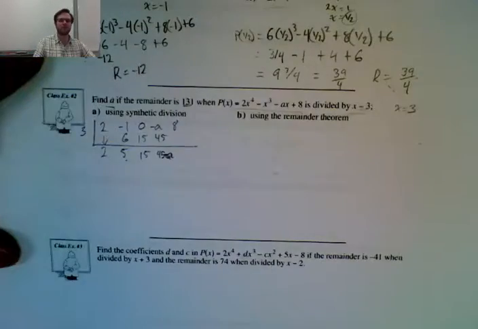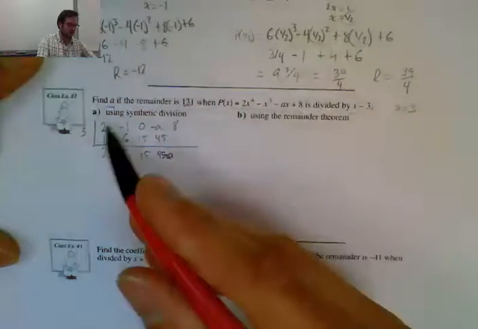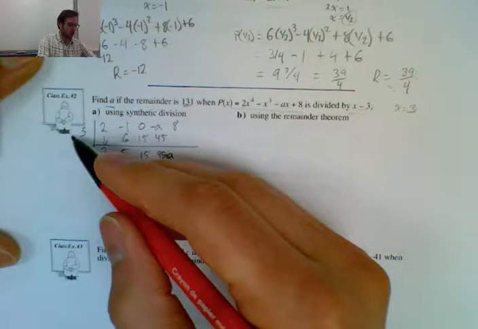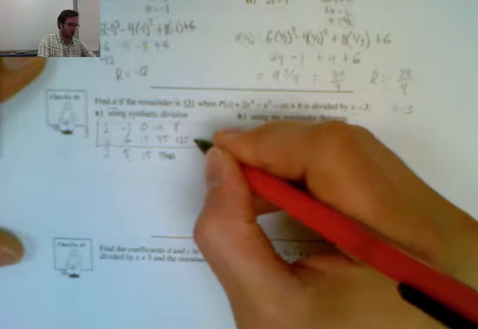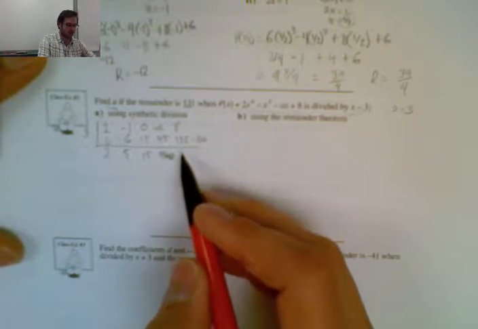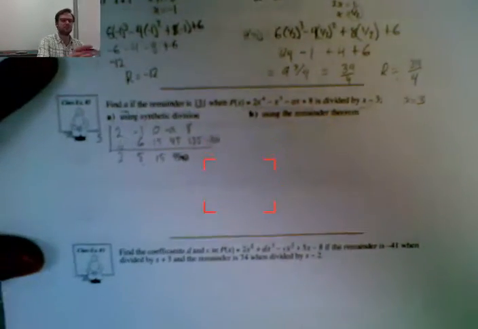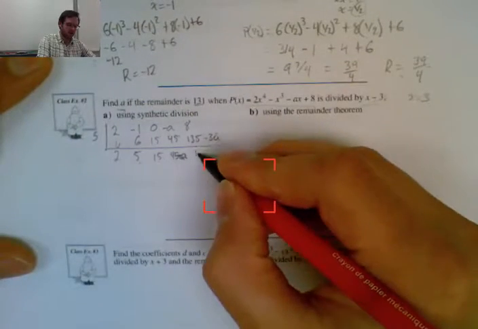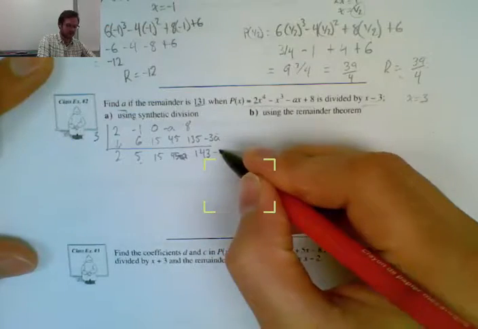Okay? And now we're going to go a, and then we're going to add 8 to this here, which will end up giving us 143 minus 3a.